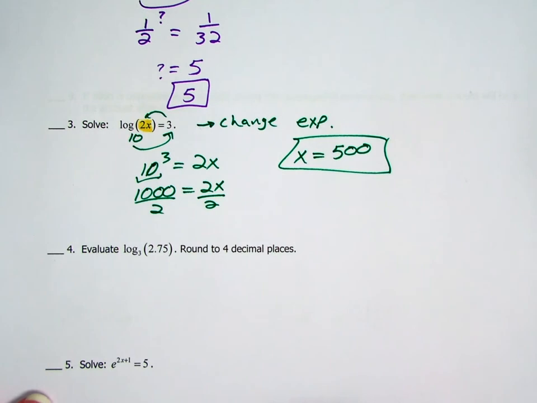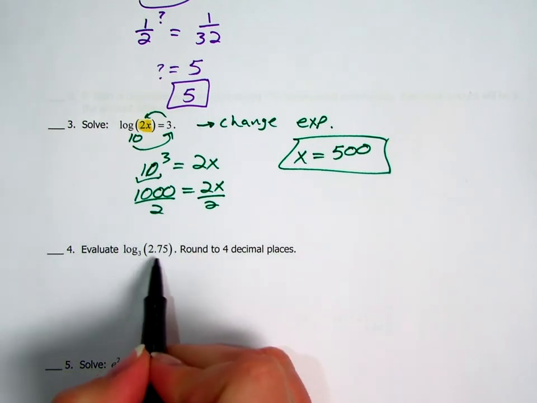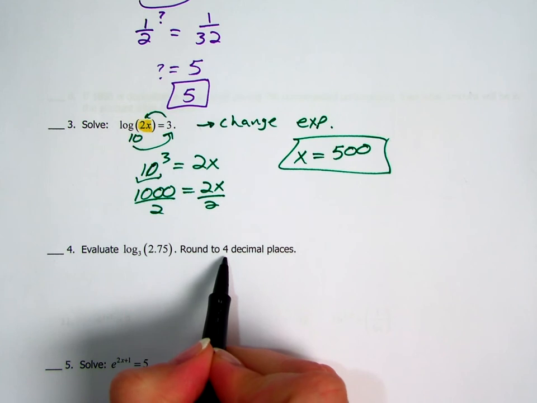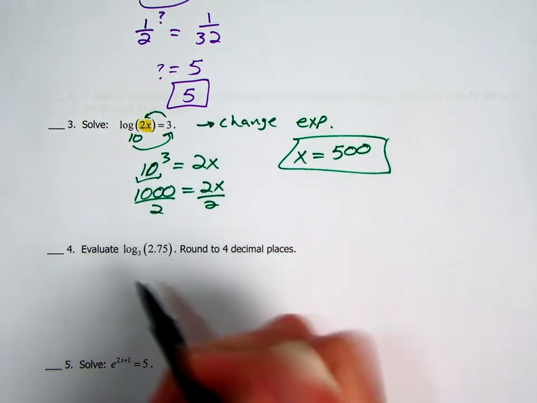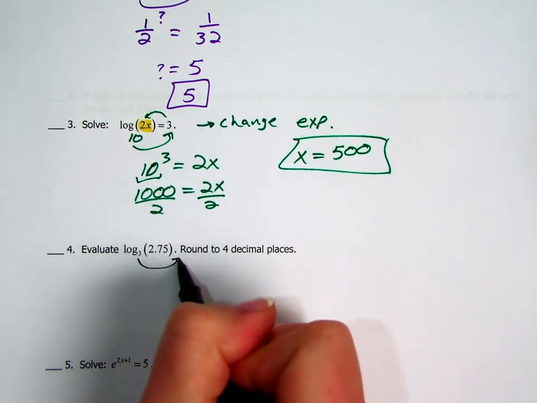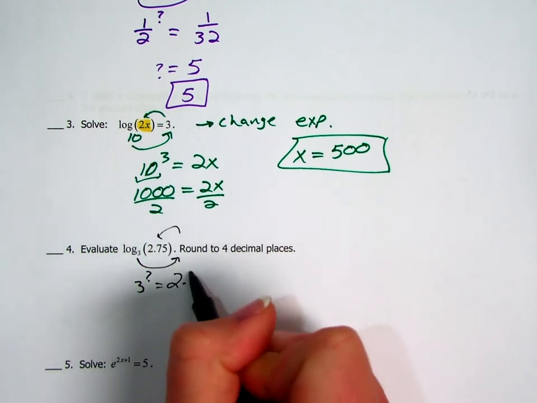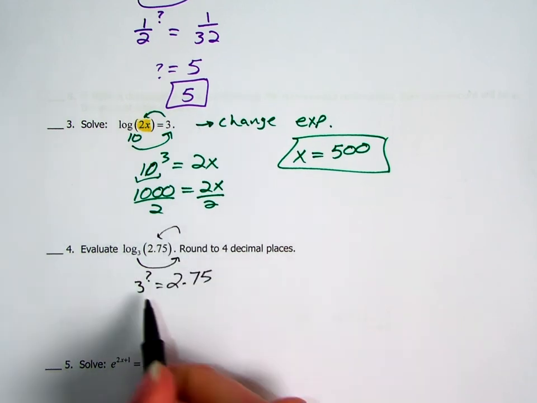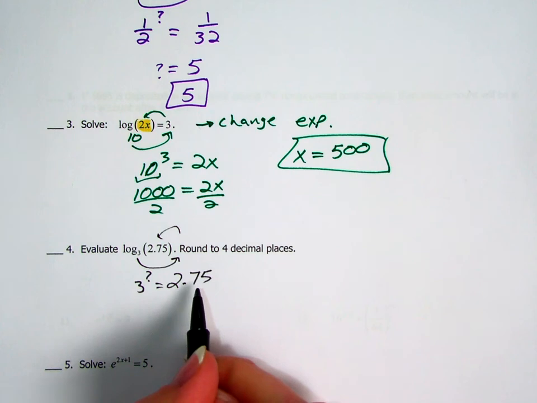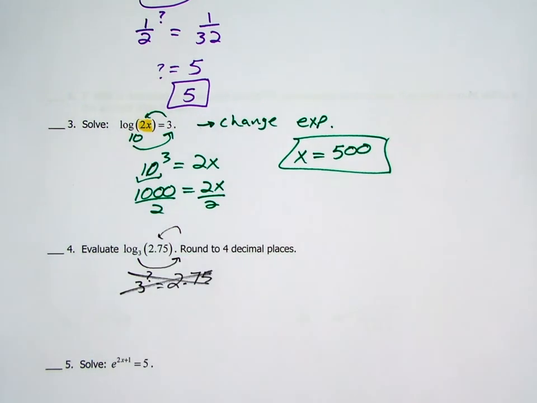Okay, next one. Evaluate log base 3 of 2.75, round to the 4th decimal place. So at first I would be thinking 3 to some power equals 2.75. But because this is a decimal, and 3 to some power isn't going to equal a number that's smaller than it, I'm going to forget about doing that.